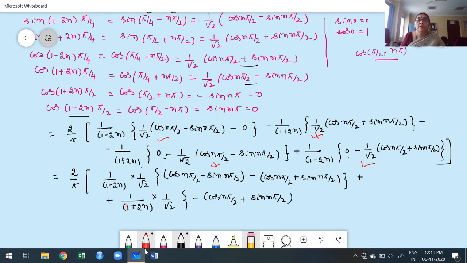Now this is minus into minus. What happened? Plus cos of n pi by 2 minus sin of n pi by 2. Please observe carefully. Must and should do this very carefully.